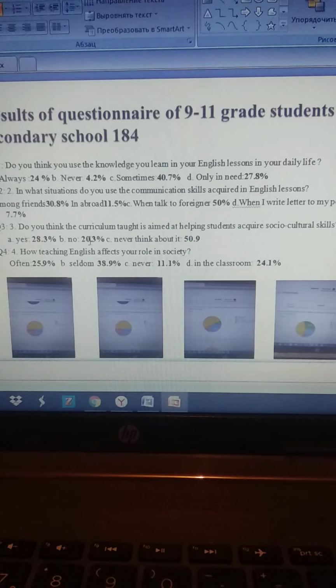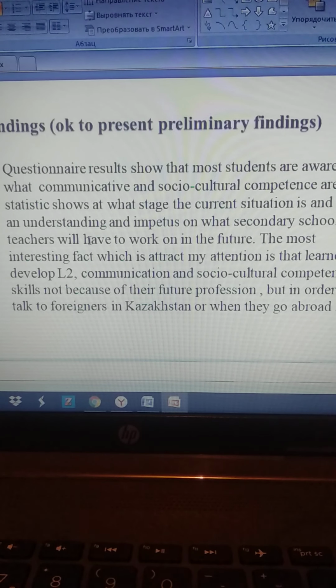So, findings. I came to the decision that questionnaire results show that most students are aware of communicative and socio-cultural competence. This statistic shows at what stage the current situation is, and it gives understanding and impetus on what secondary school teachers will have to work on in the future.